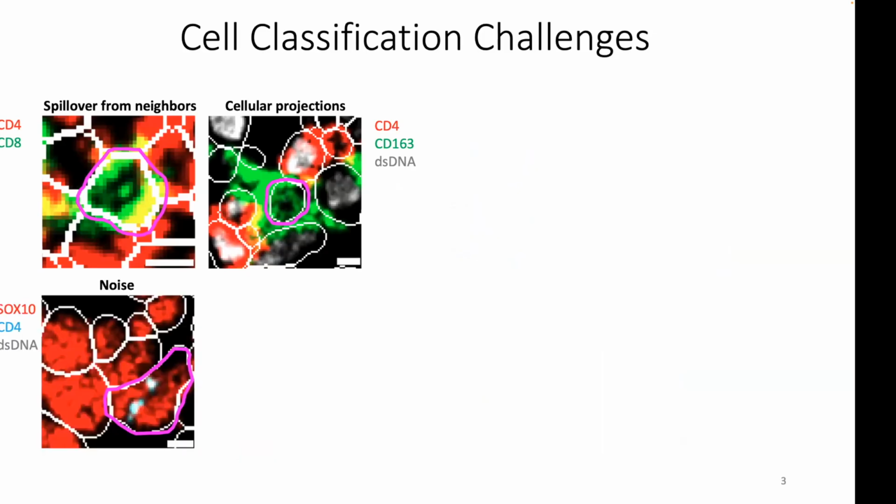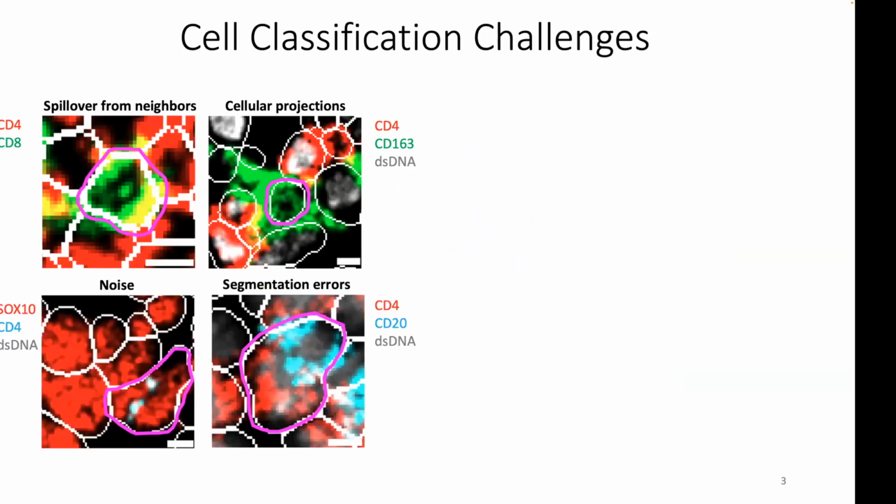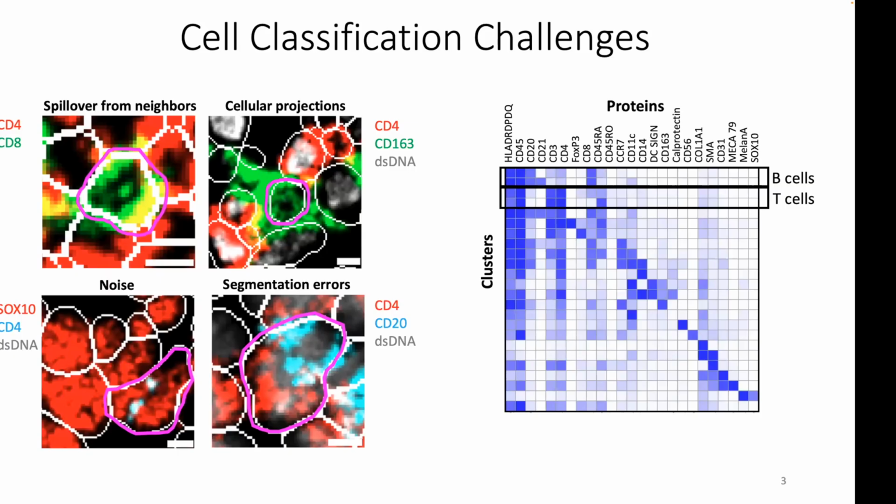And of course, we always have some noise, and there are still some segmentation errors despite the big developments in that. All of these end up causing us to have many cells and many clusters of cells which co-express multiple incompatible lineage proteins like CD20 for B cells and CD3 for T cells. So we get these clusters of cells which have both, and that's problematic for classifying them.